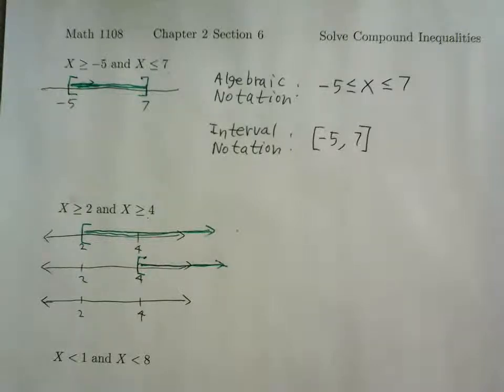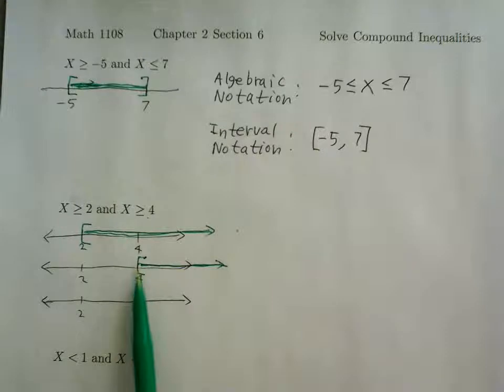Is that the only place where they overlap, at 4? It goes past 4 on both lines.